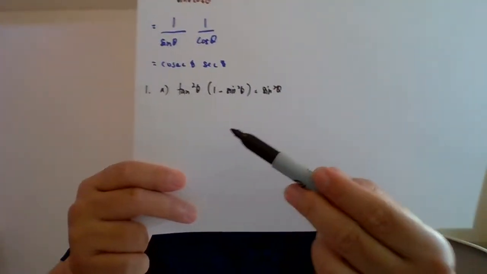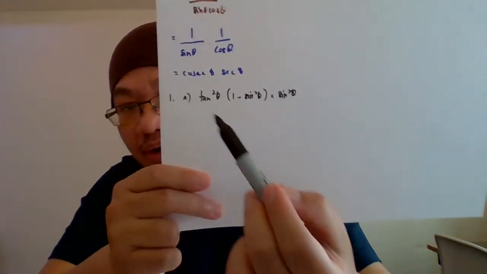Number 1A. So what is the question? Tangent squared theta times 1 minus sine theta equals sine theta. Okay guys, we want to prove this from left to right.